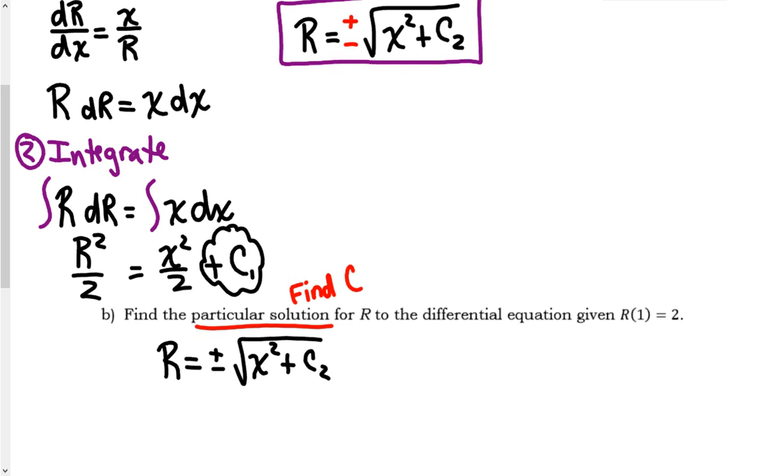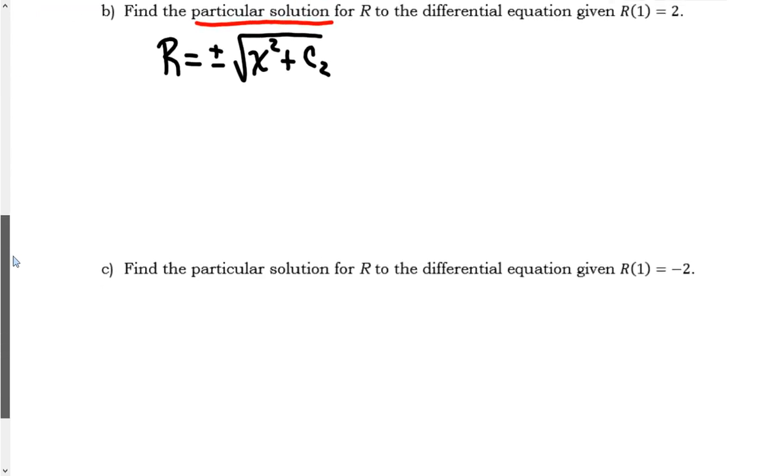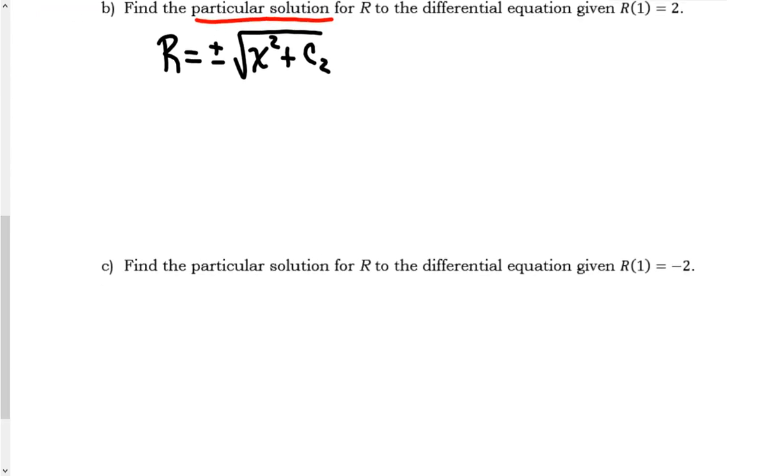I'm going to scroll down now so I can just see the problem. Okay, now we are given r of 1 is equal to 2. So this 1, is that x or is that r? That is x. And this 2, is that x or is that r? And that is r. So I'm going to plug this information in. I plug my 2 in for r, and that is equal to the positive or the negative square root of, what is my x?